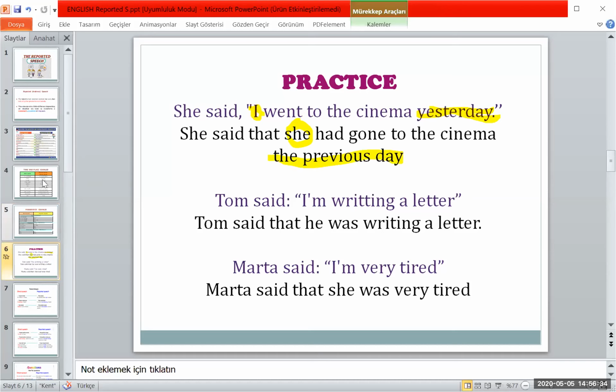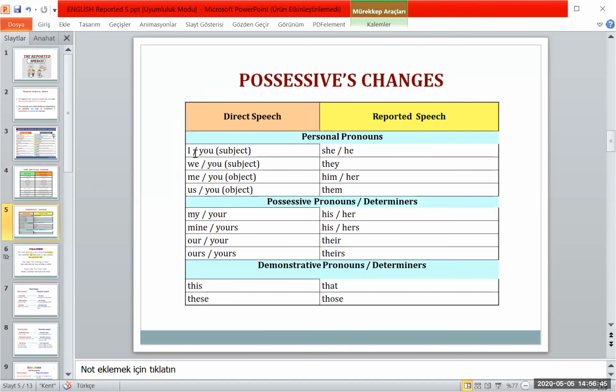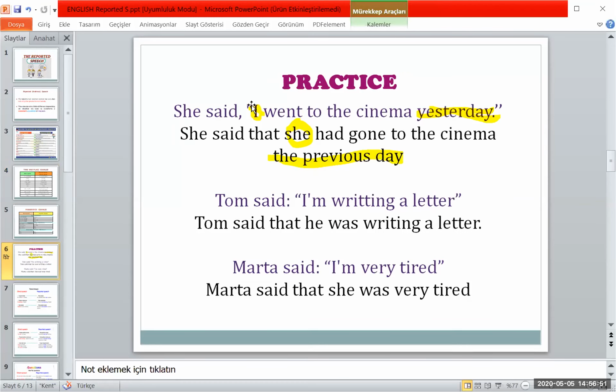Remember, yesterday was supposed to be the previous day, the day before, okay? And the pronoun I changed into either she or he. As an example, this I changed into she. And this yesterday changed into the previous day.